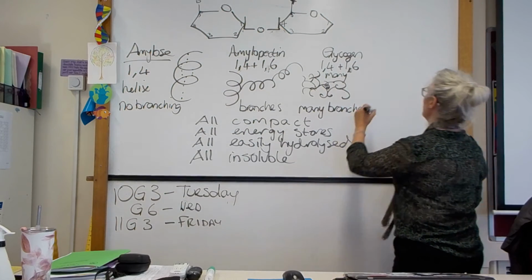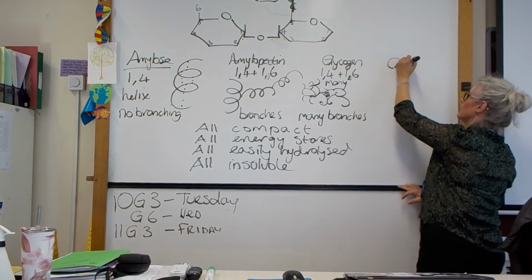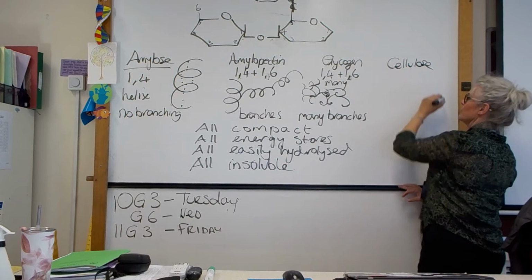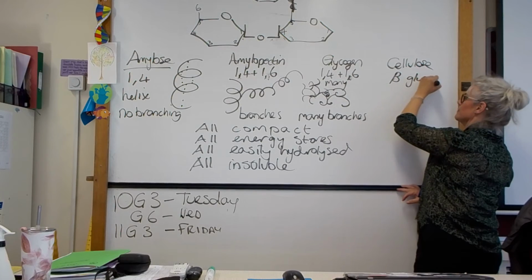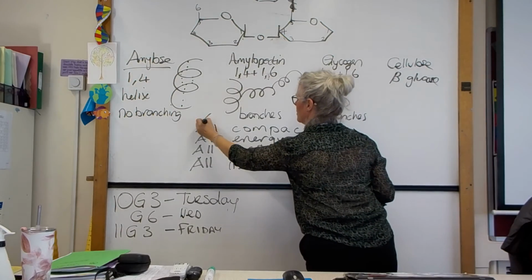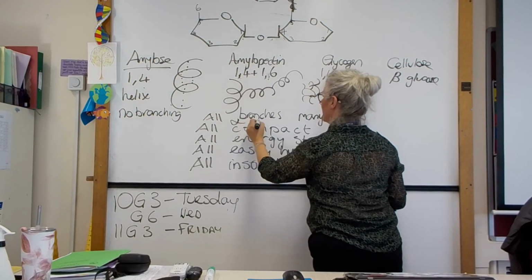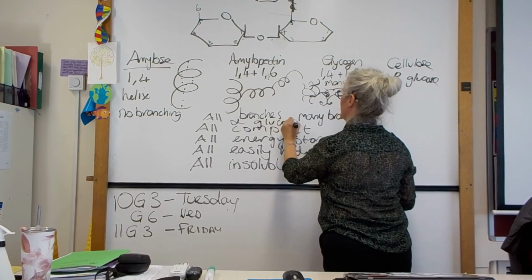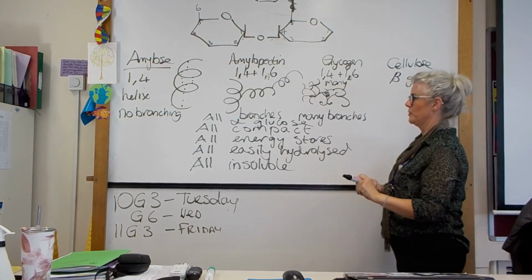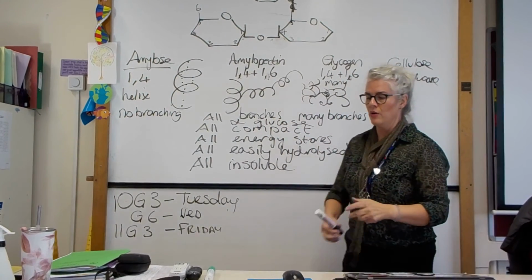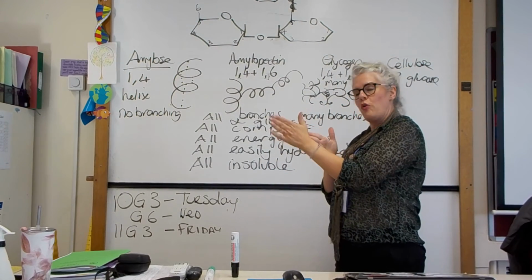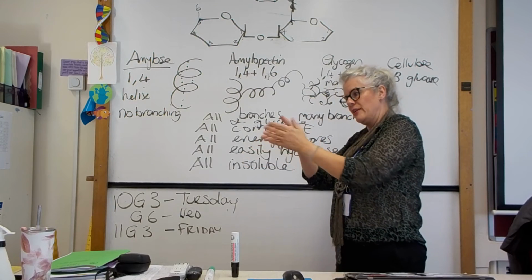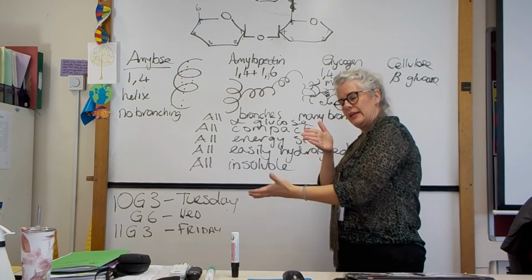Okay? Now, the last one is cellulose. Now, cellulose is different. It is made of beta-glucose. So these are also all alpha glucose. Now, I talked about the alpha glucose forming this amylose, not being able to line up in a nice straight line and forming that helix.